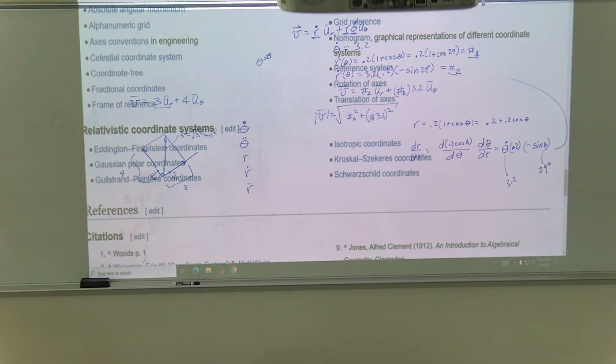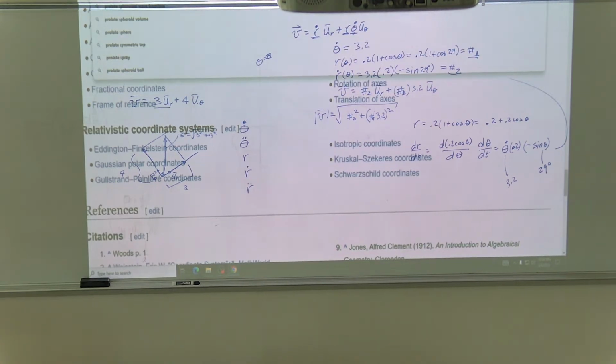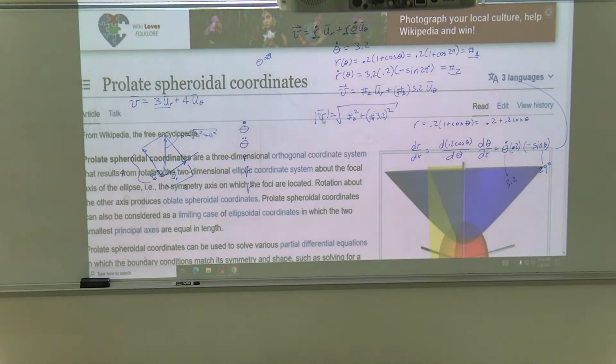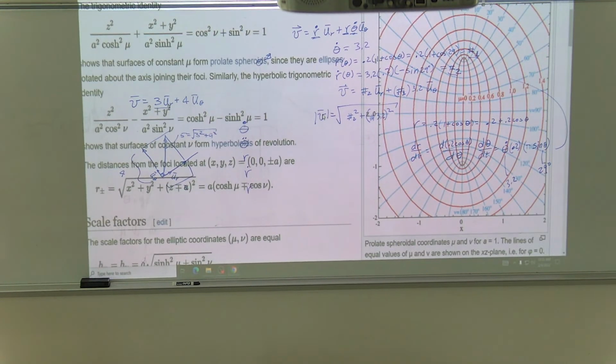I know I'm misspelling it. So if you look at something like that, it's a mathematical thing, and you look at it and you're like, oh my God, what am I looking at?